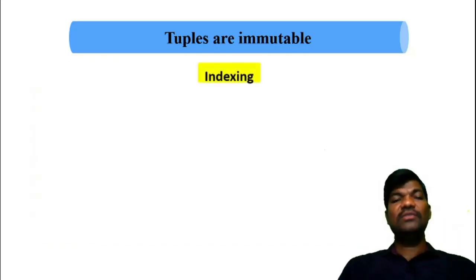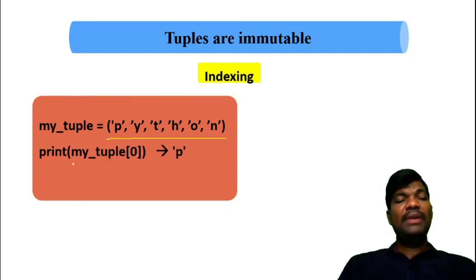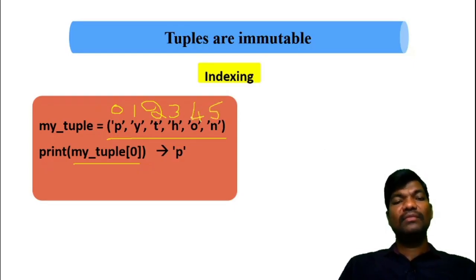Now coming to the first one, indexing. My tuple equal to, so this is the example, Python, right? Now print my tuple of 0. That means index always starts with 0, 1, 2, 3, 4, 5, right?